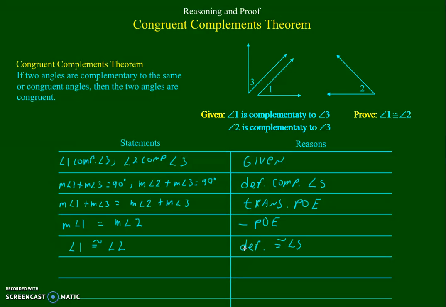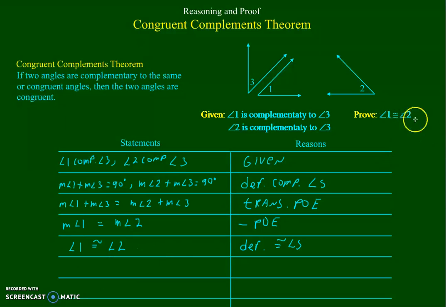Now, something a little bit more subtle was going on here that you probably didn't notice, but I did almost unconsciously. I knew that as I was going through this, that I had to have angle 1 on the left and angle 2 on the right. So as I was working through these statements, I could have put this piece on the right and this piece on the left. Then my last statement would have had to use the symmetric property to swap these two sides.